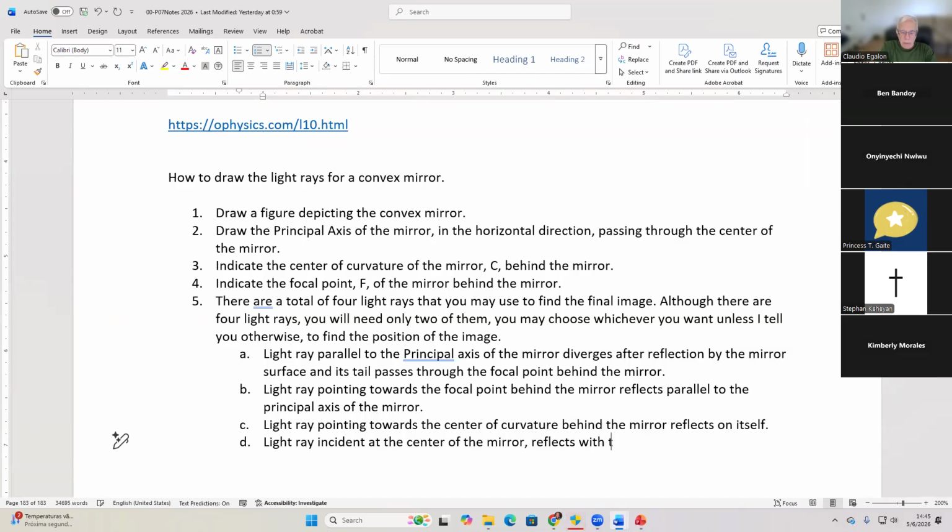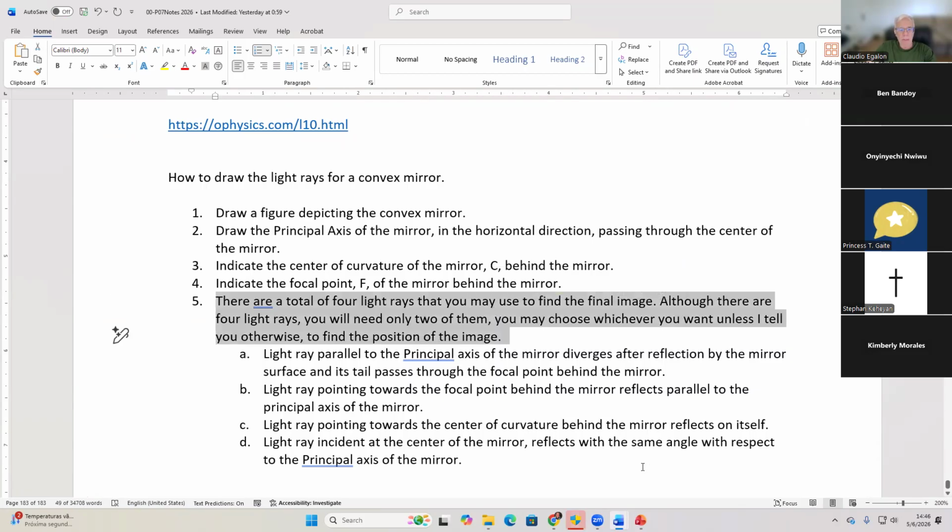Reflects with an angle. Reflects with the same angle with respect to the principal axis of the mirror. So there are a total of 4 light rays.